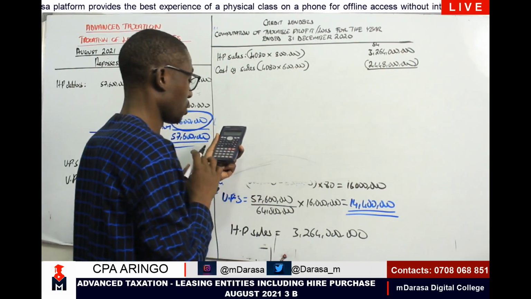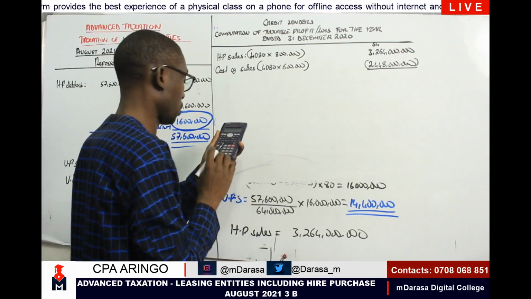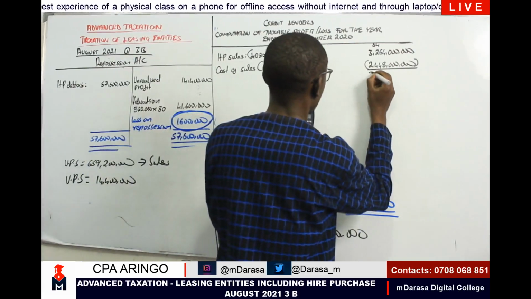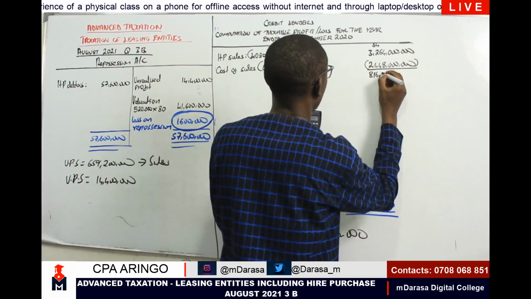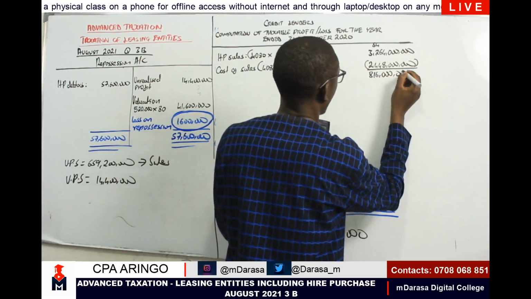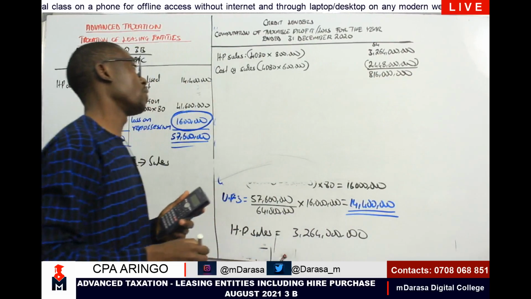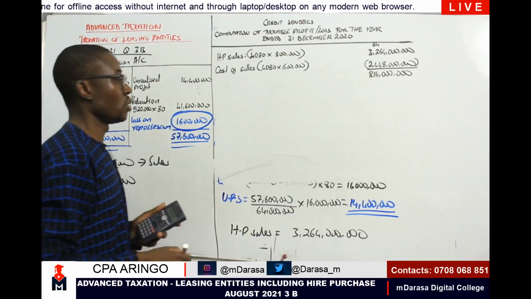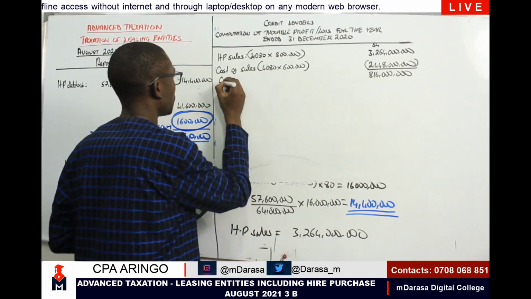So at the end of the day, 3,264 less 2,448 gives us a figure of 816 million. That will be our GP.